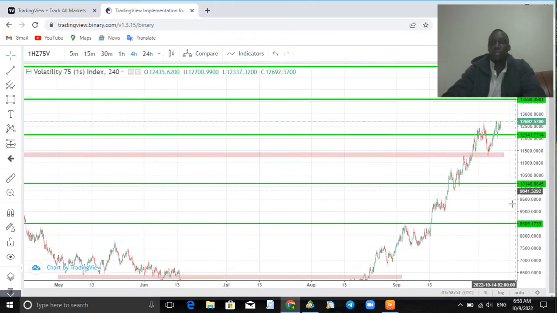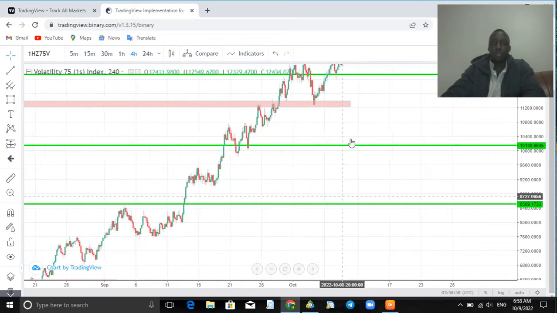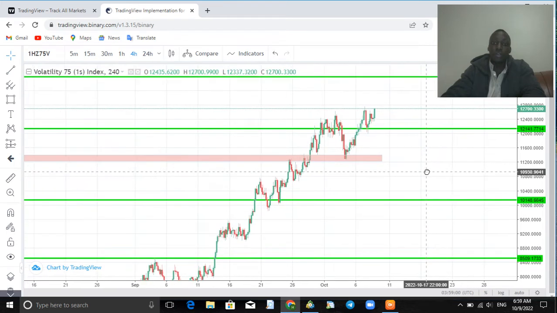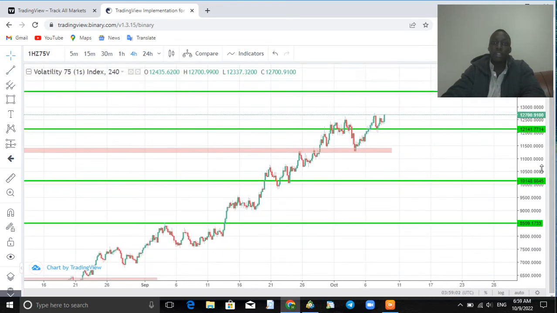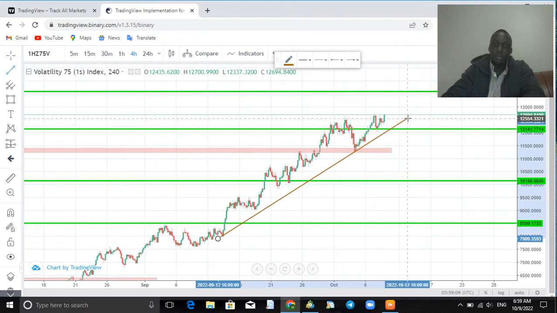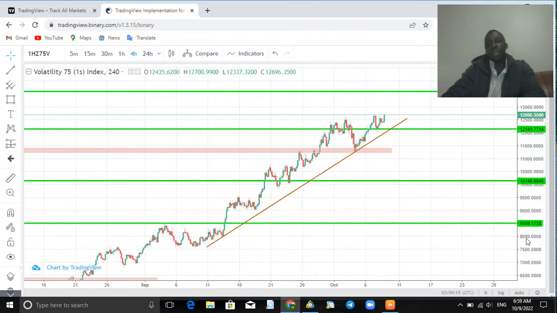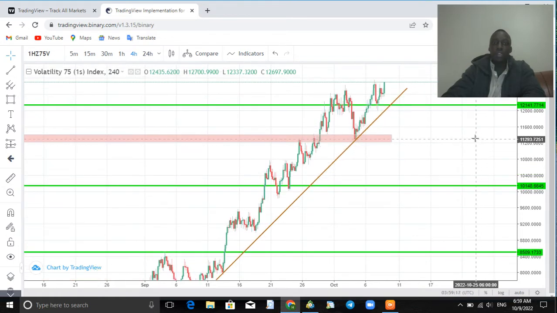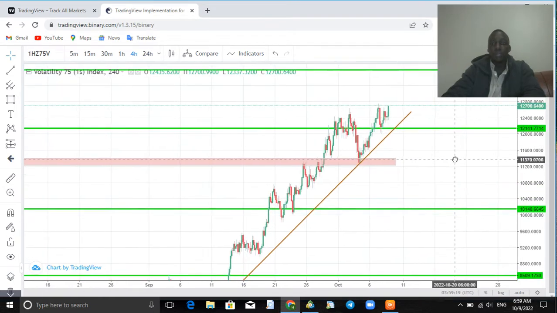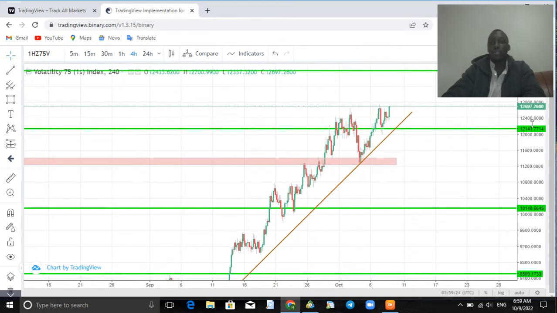Try to zoom out. This is hour 4. Now when you reach the alpha time frame, you can clearly see that if you try connecting these recent higher lows, this pair is so trendy due to the fact that we are still in an uptrend.